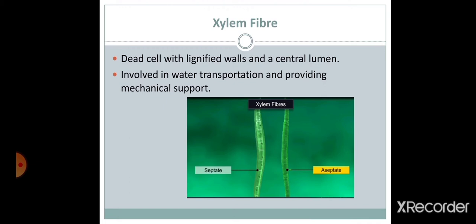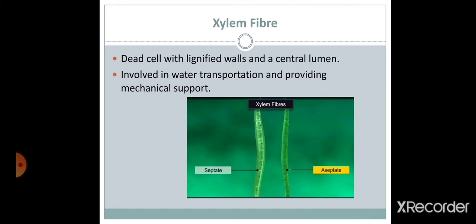Two main types of xylem fibers are reported: fiber tracheids and libriform fibers. The fiber tracheids are reported from the primary xylem. They are an intermediate form between the typical fibers and tracheids. The libriform fibers are narrow with highly thickened secondary walls.